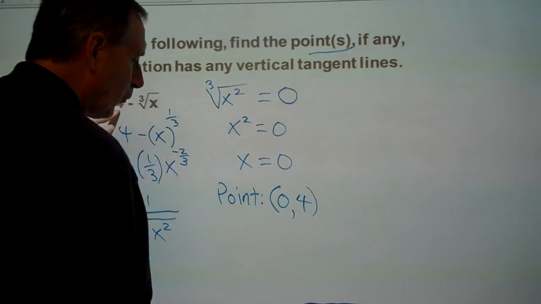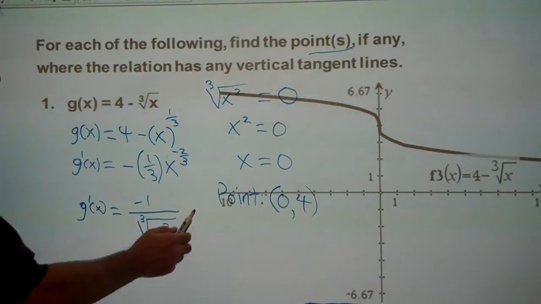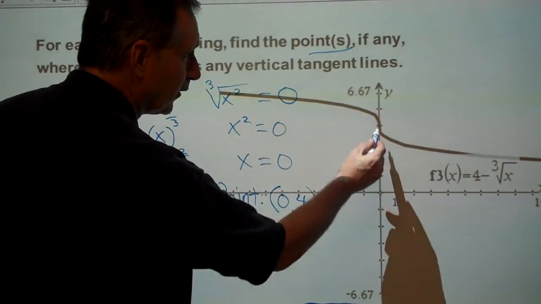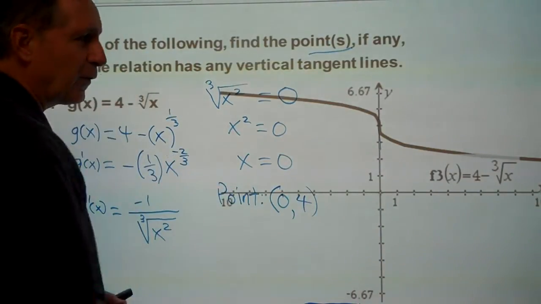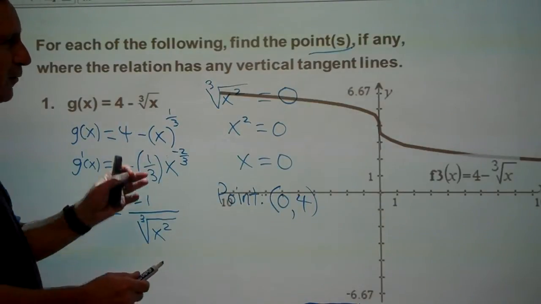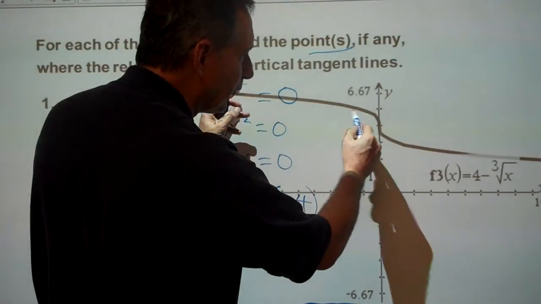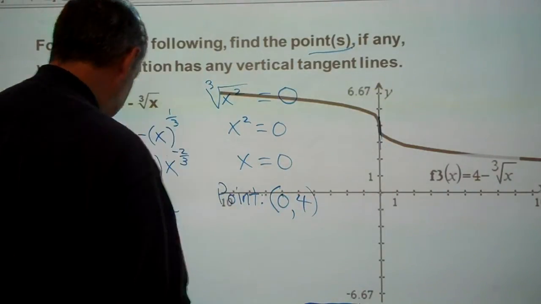So 0, 4 is the point where there is a vertical tangent line. And here is the graph of this. We see a vertical tangent line at x equals 0. And the importance of the concept here is differentiability, because this function is not differentiable at x equals 0 because of the vertical tangent line.